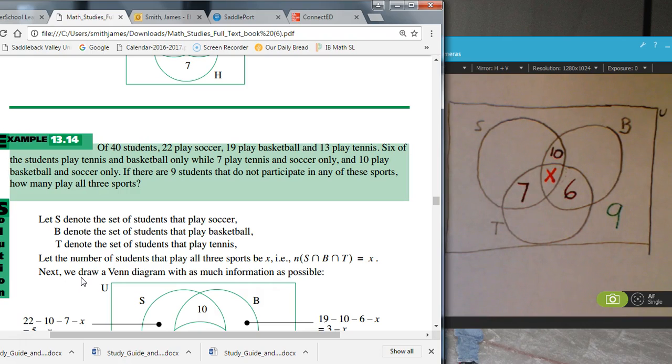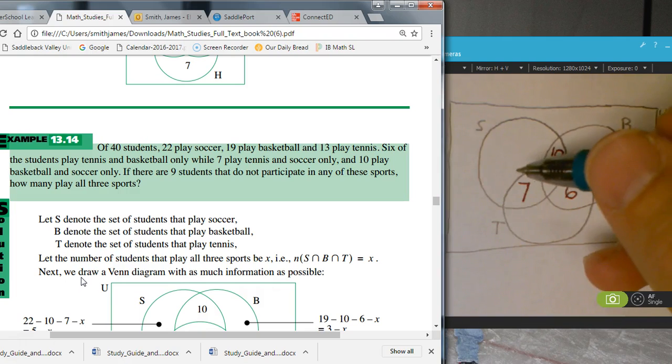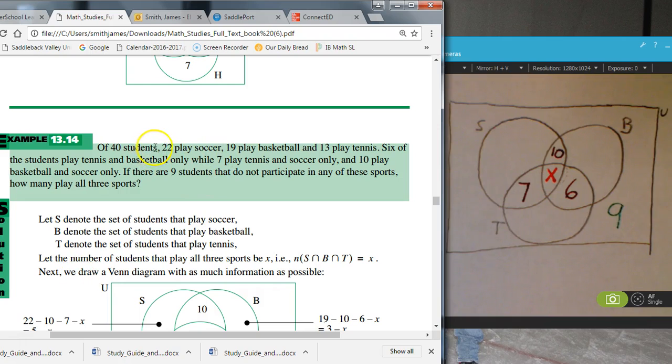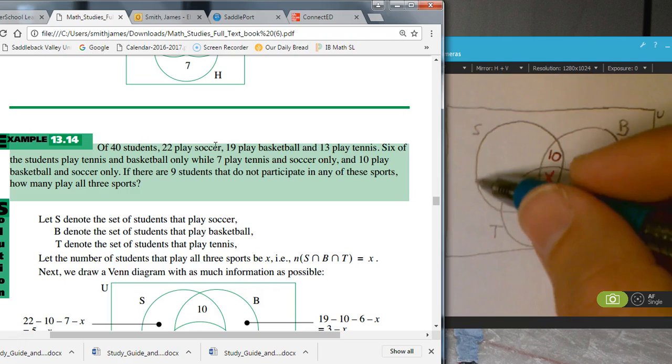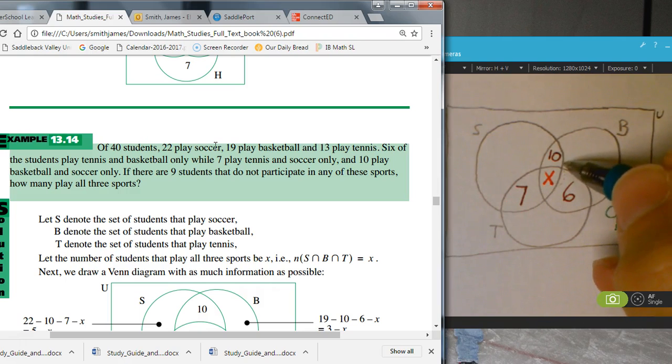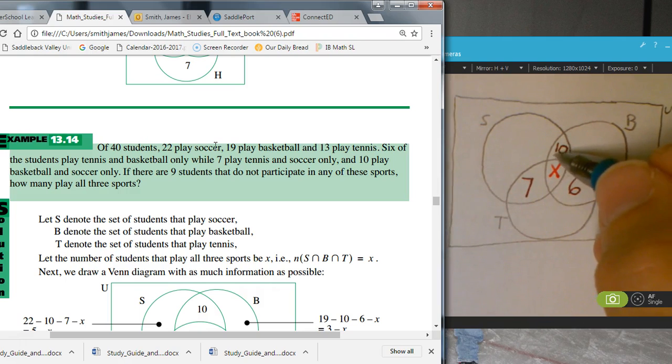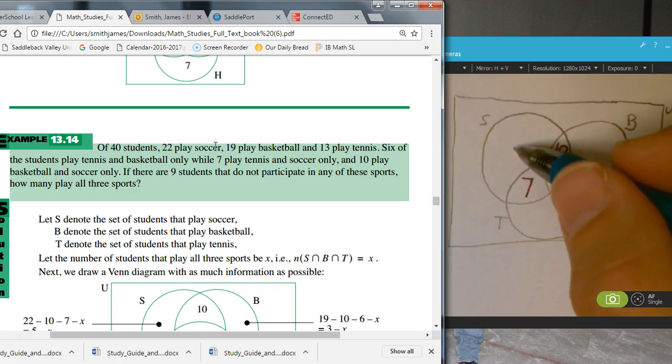And let's fill in the other spaces with what we know so far. So if you look right here, remember what it said about soccer. It said 22 people play soccer. Well, within the soccer set so far, what do we have accounted for? I have 17 plus X accounted for soccer. If there are 22 that play soccer, how many does that leave you with right here?